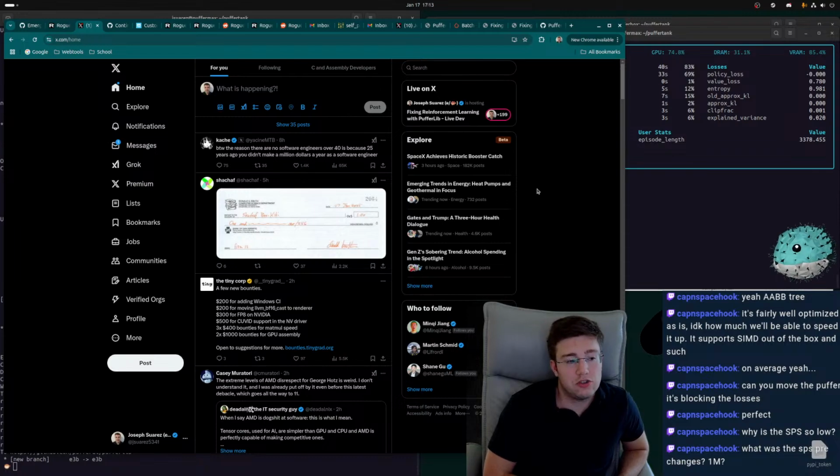But I found some issues with the way that it samples parameters that essentially prevent it from exploring outside the initial space of hyperparameters that you give it very effectively. So the code base is very complex, overly complex, I'd say, for what the algorithm is. I'm probably going to go through and try to simplify it and see if I can get perf before and perf after to be substantially better.